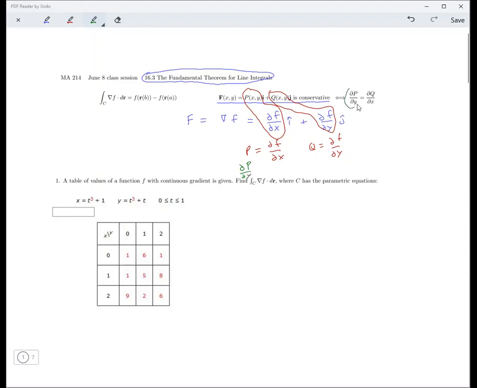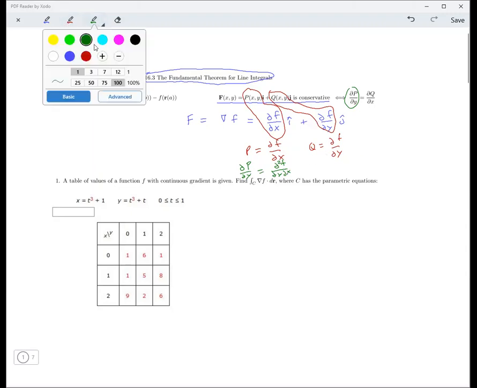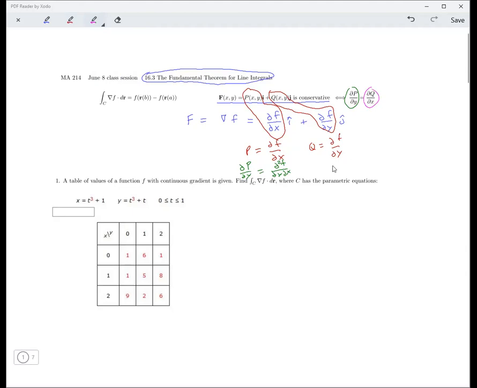This is going to be the second partial of f with respect to y, then x, and this one is going to be the second partial of f with respect to x, then y.